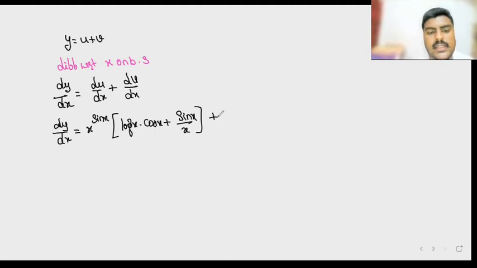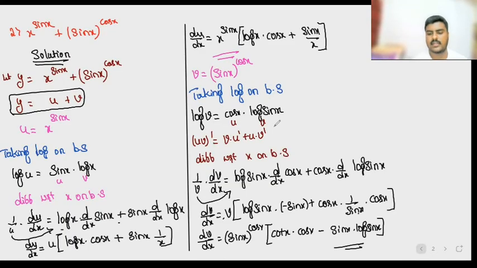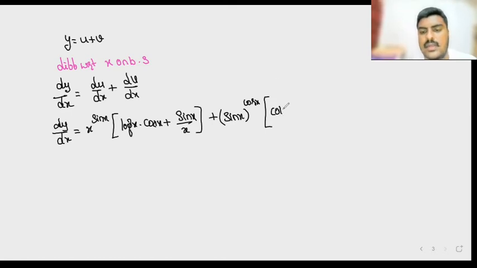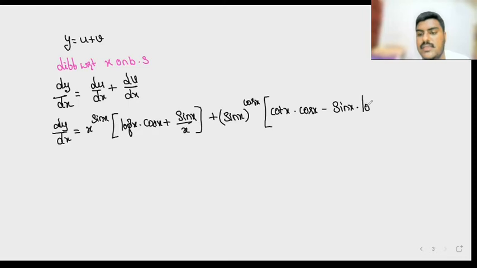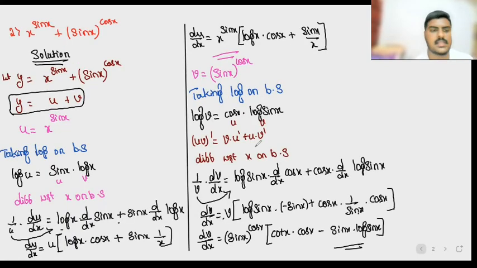And dv by dx is sin x whole power cos x into cot x into cos x minus sin x into log sin x. So this is the final answer for this problem.